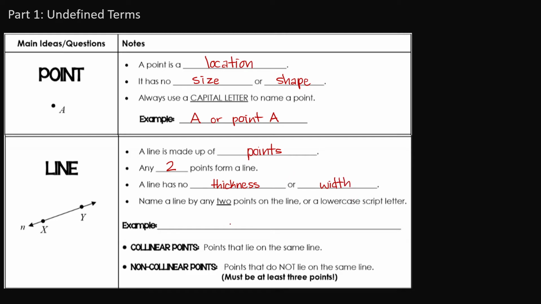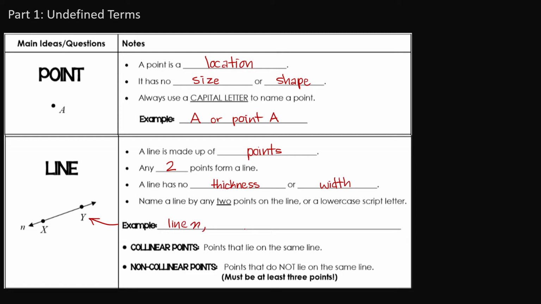So we name a line by any 2 points on the line or a lowercase script letter. So for the example of this line here, notice the script letter is N. So we would call this line N. And script is just a way to say cursive.